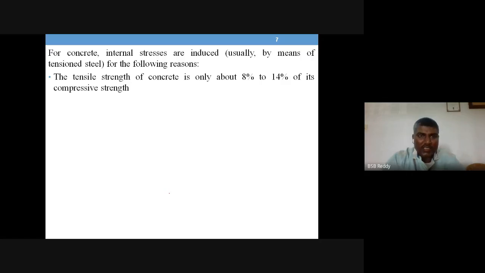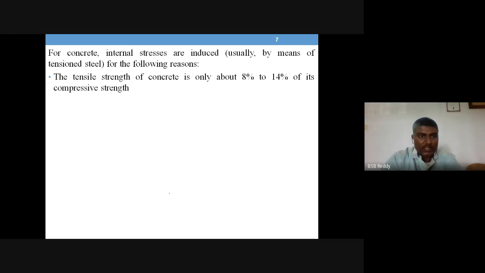Right? So for concrete, internal stresses are usually induced by means of tension steel, because of the following reasons. Why are we using tension steel in the concrete? Because the tensile strength of concrete is only about 8 to 14% of its compressive strength.